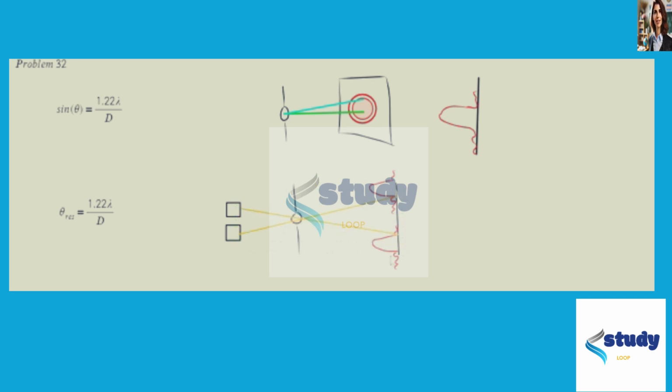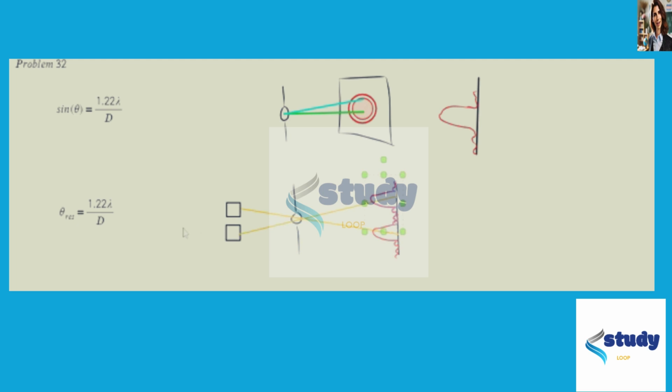The projections on the screen. So this gets closer to this. And at that angle, theta res, you should be able to distinguish the two objects.